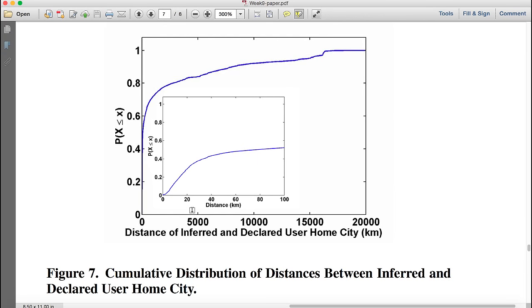Figure 7 is the cumulative distribution of distances between the inferred and the declared home city, because people actually declare their home location in these services also. If you go to my Facebook account, I probably say that the current location is New Delhi and my home location is Chennai.